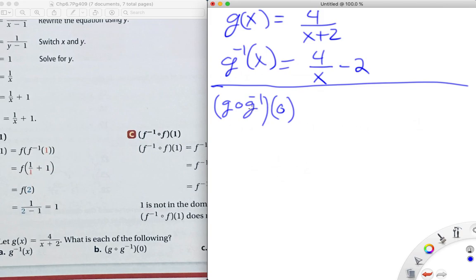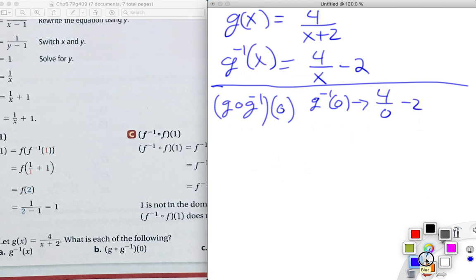So the one closest to the 0 is the one I do first. So I'm going to do first g inverse of 0, which is going to be 4 over 0 minus 2. And I can't do it. It doesn't exist. I can't divide by 0. So it doesn't exist. Null set.